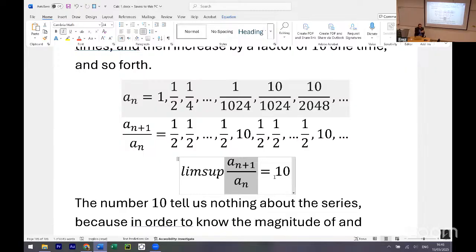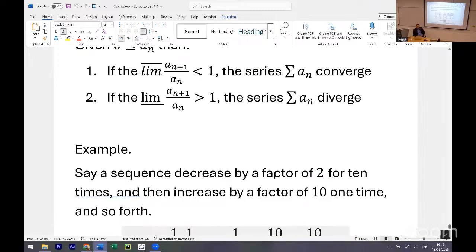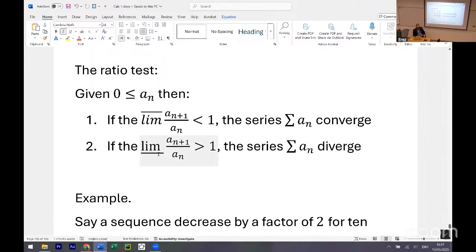So that's the main difference between the ratio test and the root test. The lim inf here will cover it, because it will basically say the ratio was more than 1 from some point forward, always. And this says the ratio is smaller than 1 from some point forward. And then I could do the comparison test.